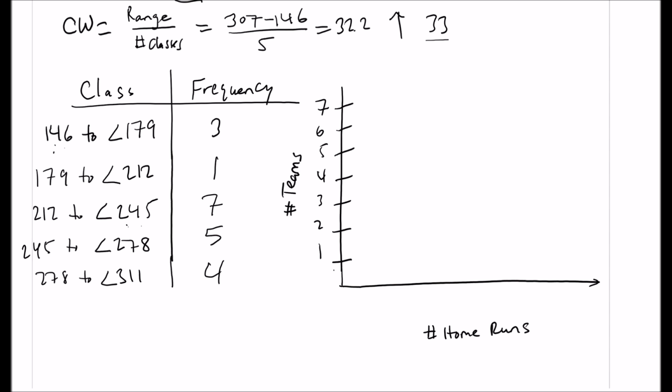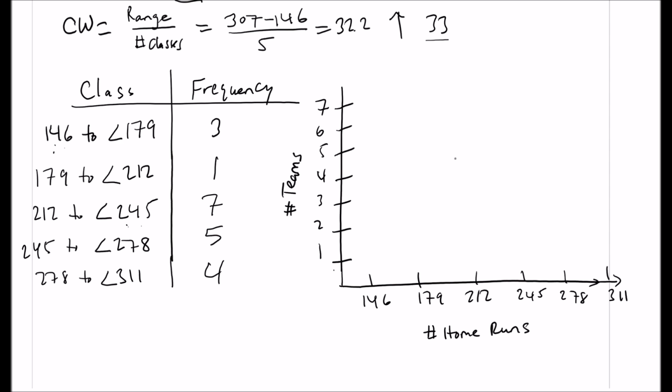For the number of home runs, we have 146 to 179, 179 to 212, 212 to 245. These have to be the same width apart. Then 245 to 278, and 278 to 311.